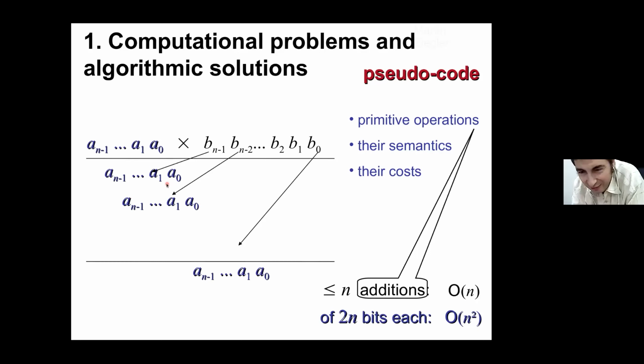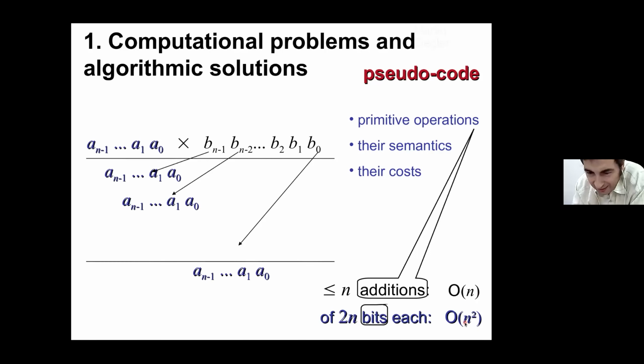Then you have several copies of this word to be added. So for two integers as sequences of bits of length n, you can do this with at most n additions, but each addition consists of n bit operations, so you get O of n squared bit operations.